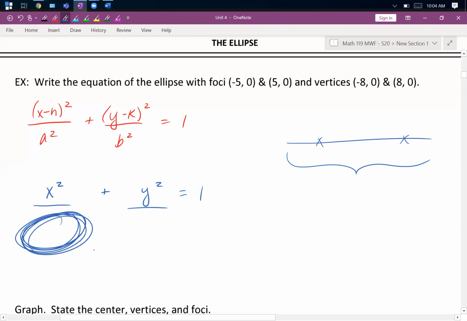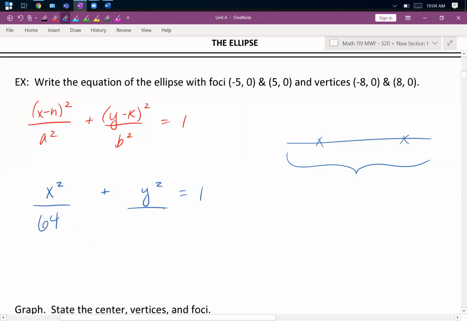So any ideas of what we might put under there? 64. And how are you coming up with that 64? 8 squared. Right, so we're going for 8 to the left and 8 to the right from our center. So a is going to be 8, and then we just have to square it. That's going to give us 64.